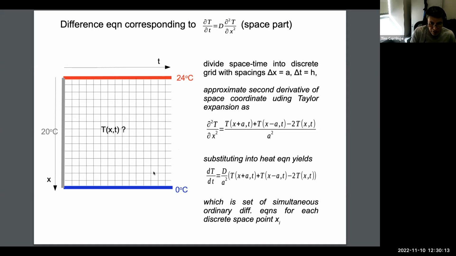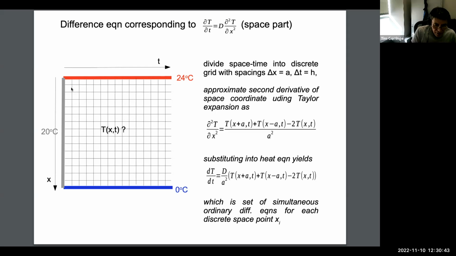I pictured that over here on the left-hand side for my pane of glass, my window of glass. This red line here is the edge of the glass that's in the house. This blue line here is the edge of the glass that's outside of the house. So this is the cold side at the bottom. This is the warm side at the top.